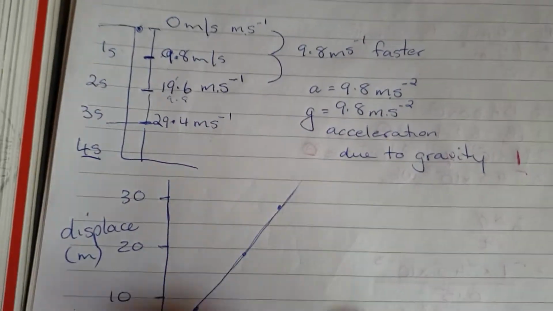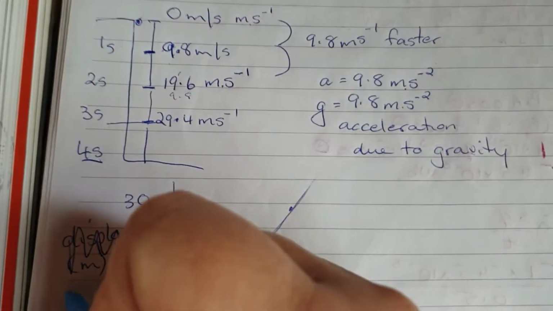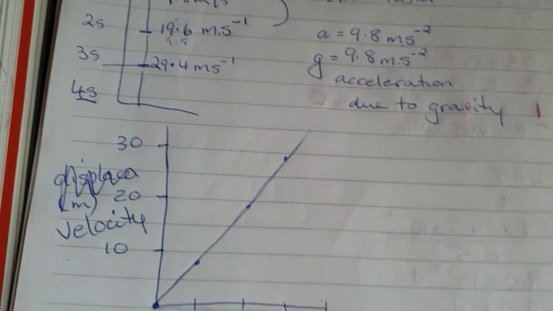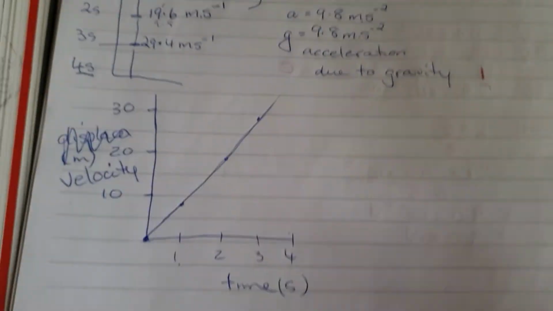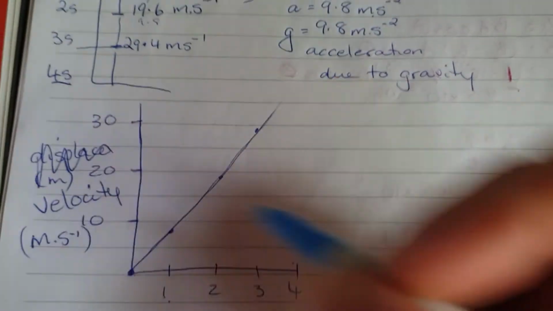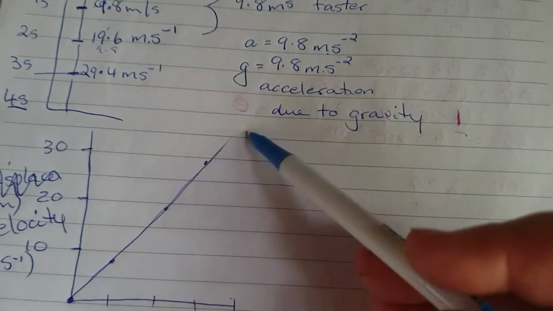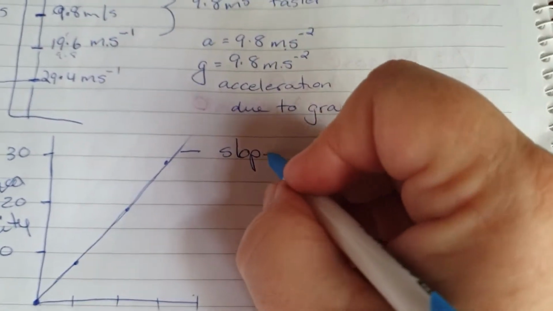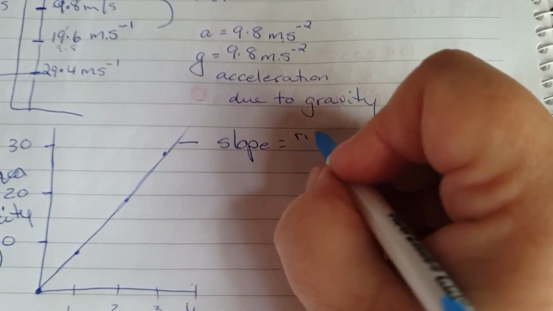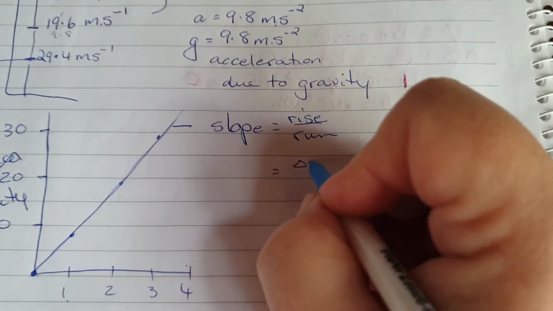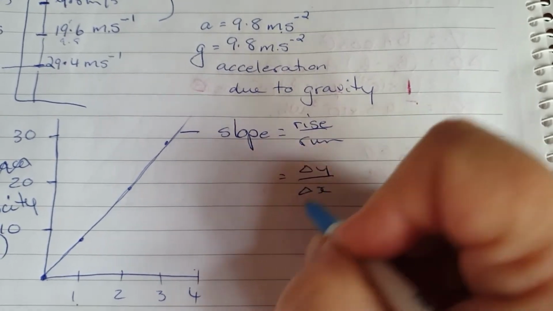Oh, did you find my mistake? Here it is. It's not displacement, that's velocity. Duh. I'm going to find out the displacement a different way. So that's velocity in meters per second. Righto, so the slope of this graph is rise over run, which is change in y over change in x.